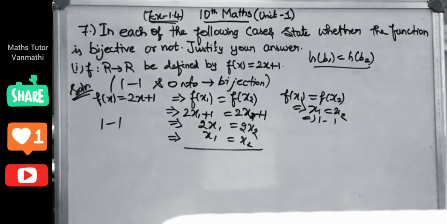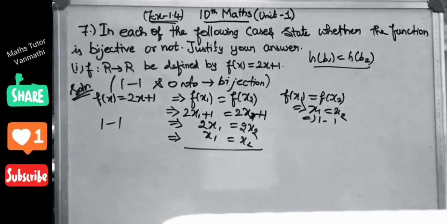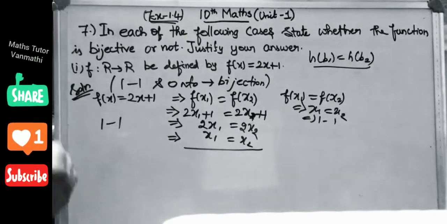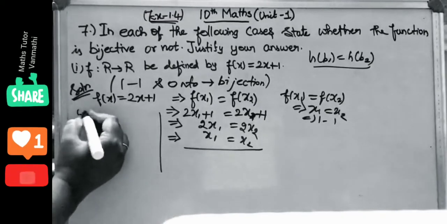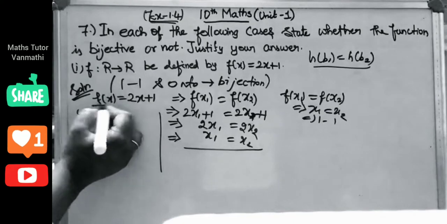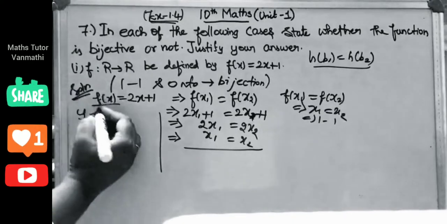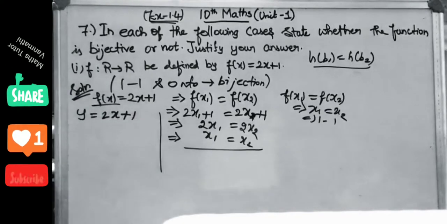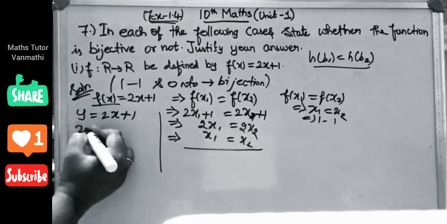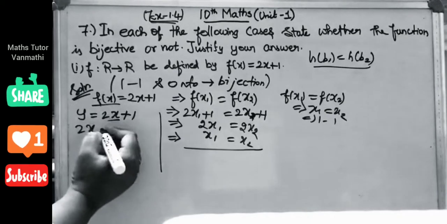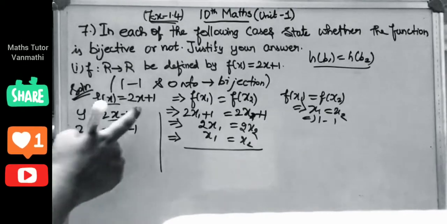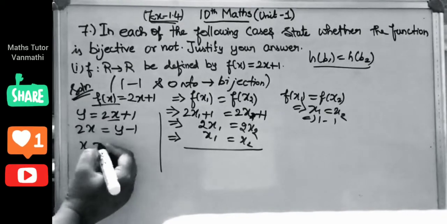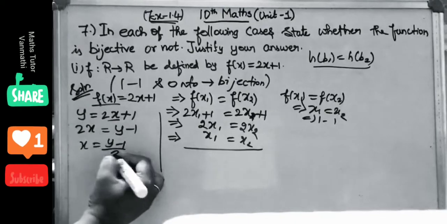Clear? Next we have to show whether it is onto or not. For that, the given function f of x is nothing but y. So y is equal to 2x plus 1. From this we need only the x value. So 2x equal to y minus 1, taking 1 this side. Then x is equal to y minus 1 by 2.